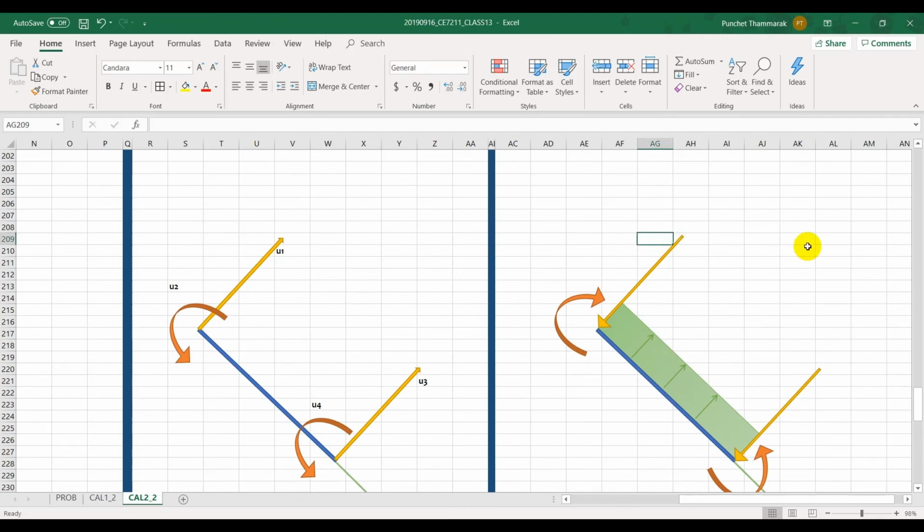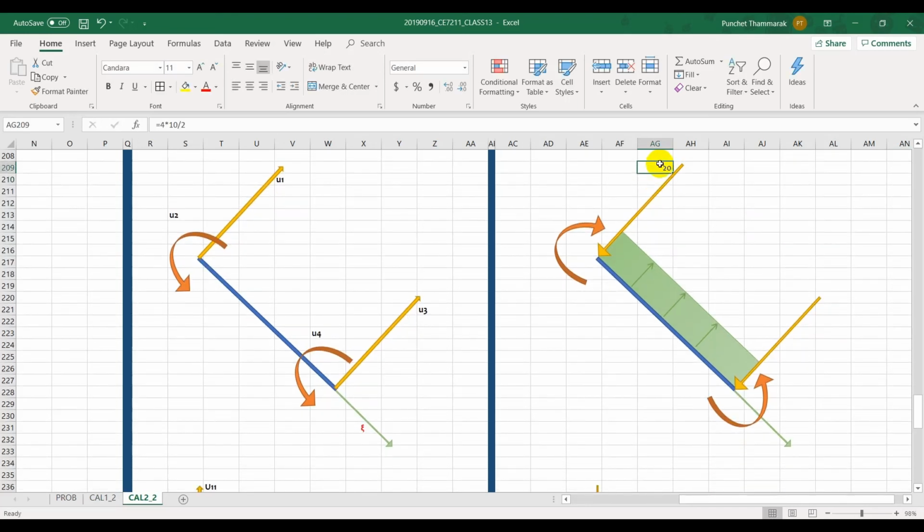Okay, so we start with the magnitude of this one, which is equal to, I think it is 4EI over L cubed, multiplied by 10, divided by 2, you get 20. The same thing for this one here. For the moment, it is 4 multiplied by 10 multiplied by 10, which is actually 100 over 12. This is the magnitude.